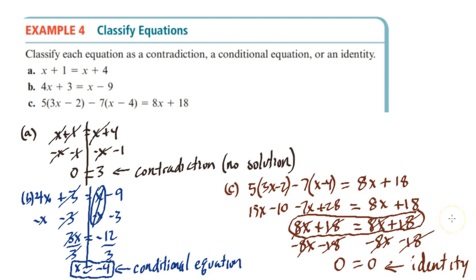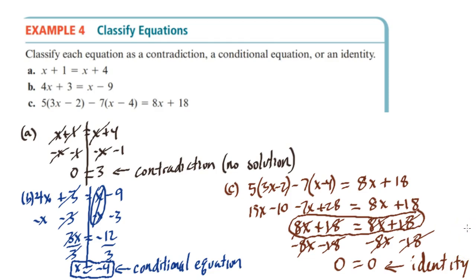When you're dealing with a linear equation, it's all values. So you'll notice that whatever value you plug in for x, you can plug in pi or 2.48 or anything for x, you'll always get the same value on the left and right side of the equation. So all values will be the solution. So that's the identity.